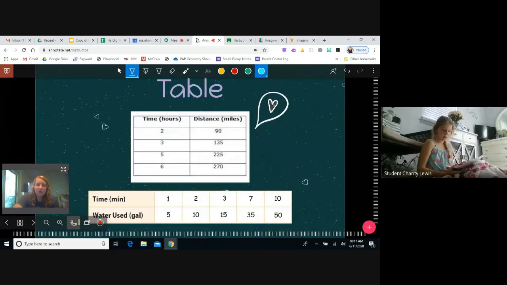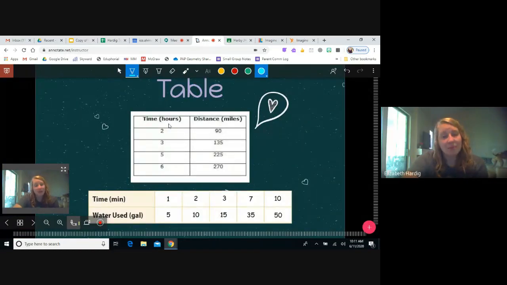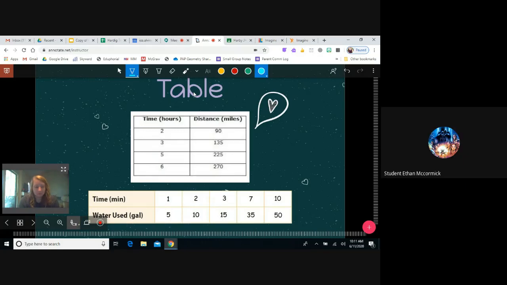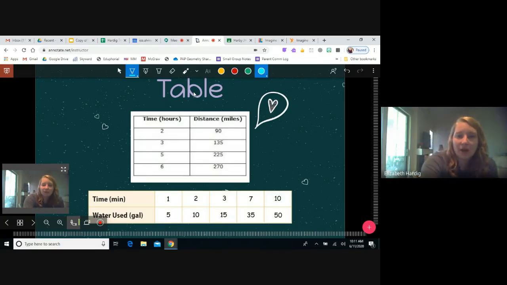Okay, so now we look at our table. We have time and we have distance. I want to know which one is my independent and which one is my dependent variable. What do you think? Well, let's think about it. We have time and we have distance.